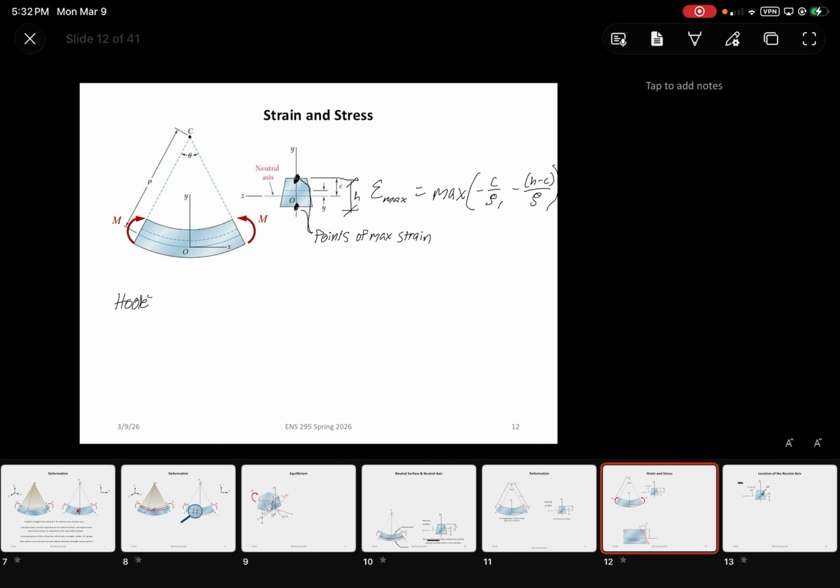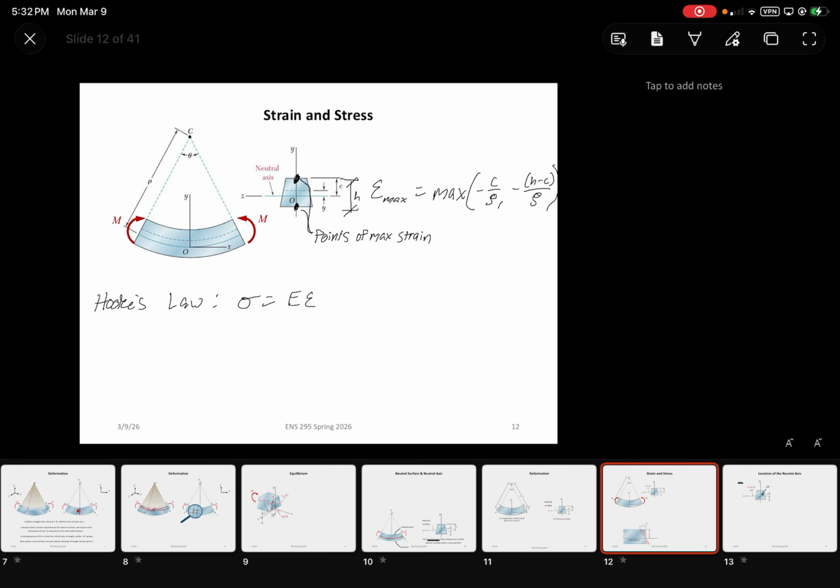By Hooke's law, we know that stress is equal to the strain times the elastic modulus. Elastic modulus is a known material property.